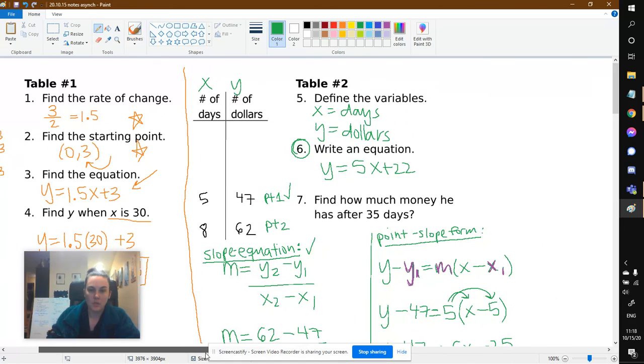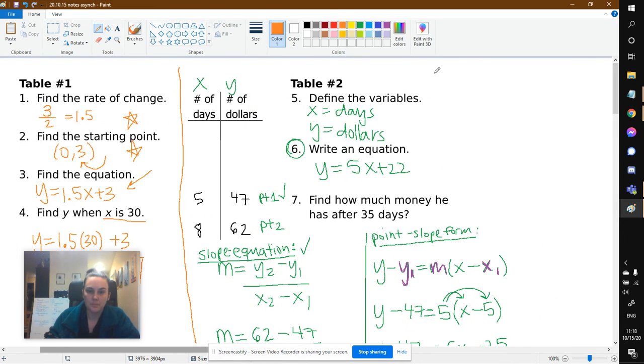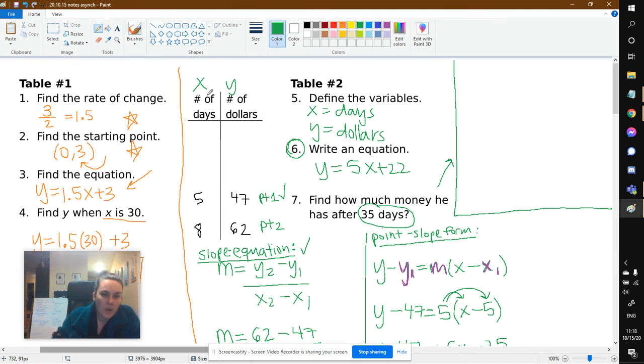And now, for number 7, I'll put my work over here. How much money does he have after 35 days? We know that days is our x. I'm going to rewrite my equation, but instead of x, I'm going to write 35.